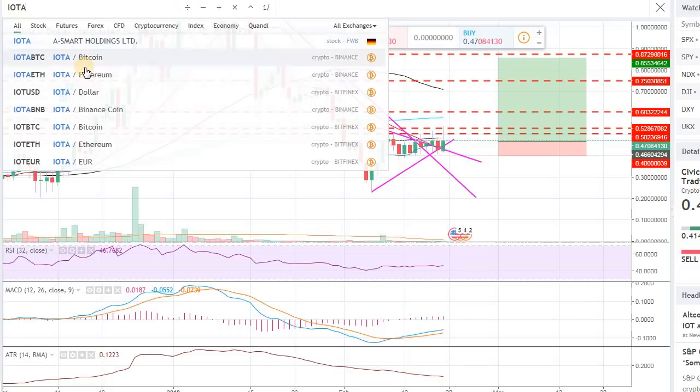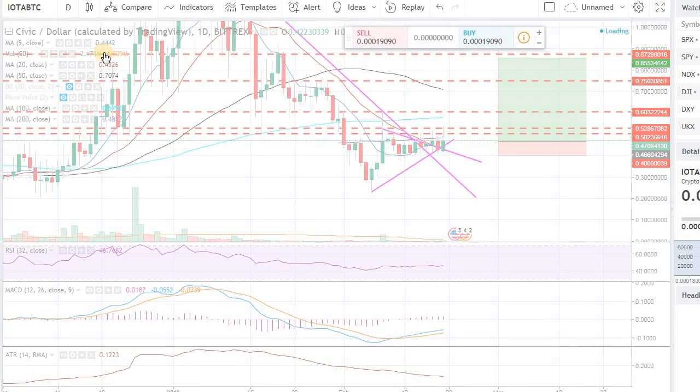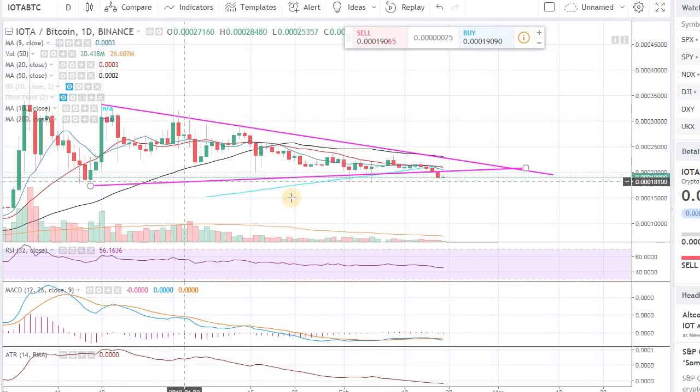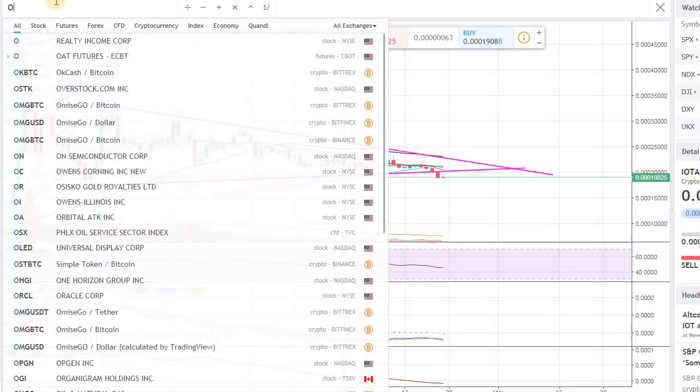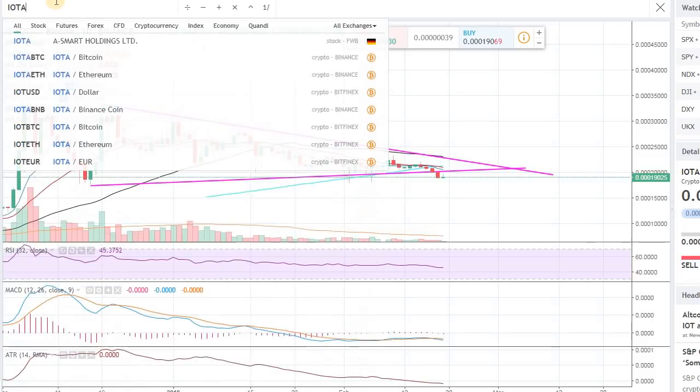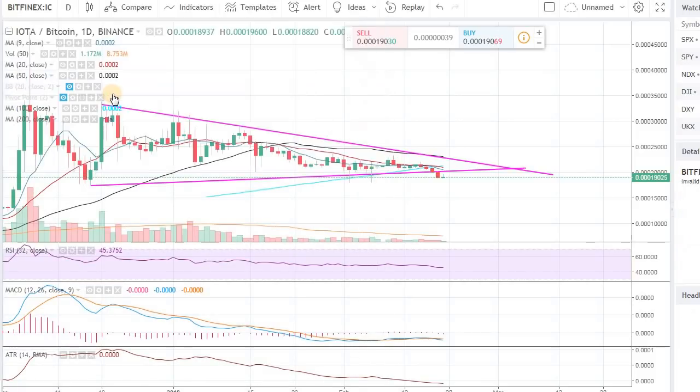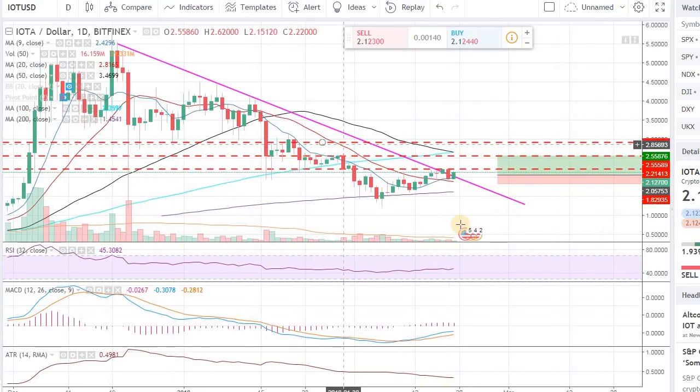We are looking at IOTA, not IOTA to BTC, IOTA to dollar.